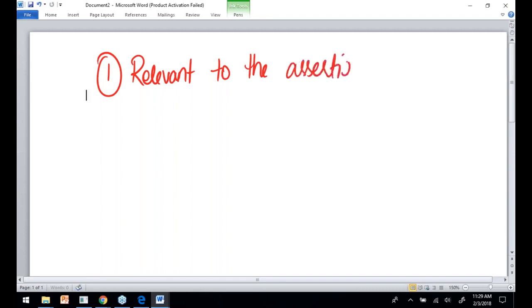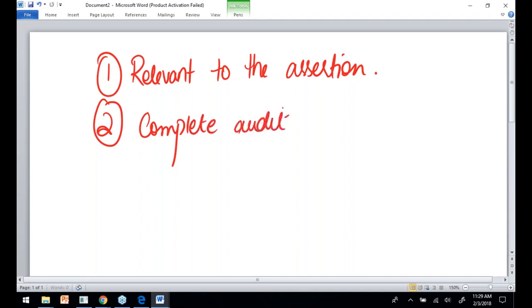This is the first mistake that students make, writing substantive procedures which are irrelevant to assertions. Number two, it should be a complete audit procedure. How do you write a complete audit procedure?